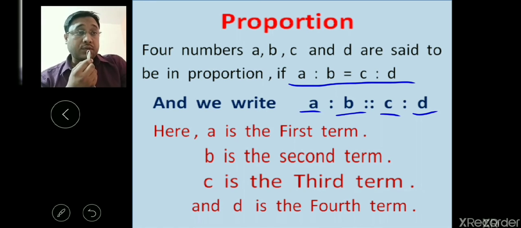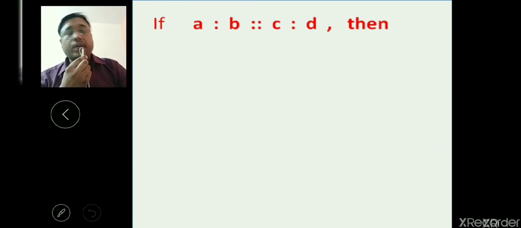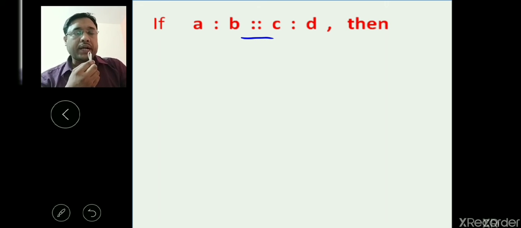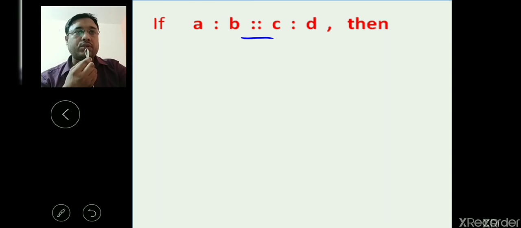Sometimes the question will ask to find the fourth proportional when the first, second and third terms are given. So D is the fourth term. If A is to B is proportional to C is to D, that means these four numbers are in proportion, and these two ratios are equal.